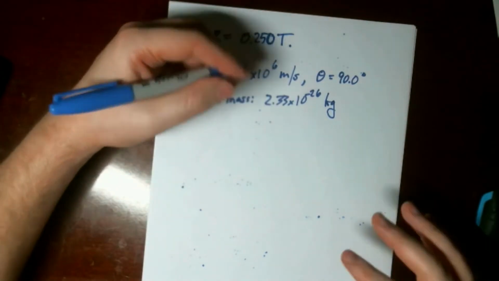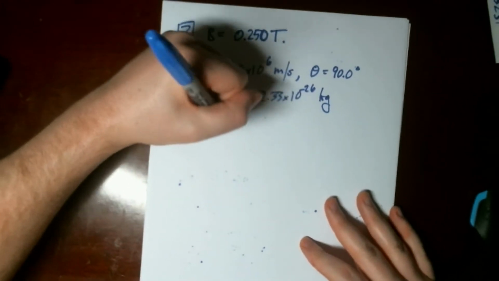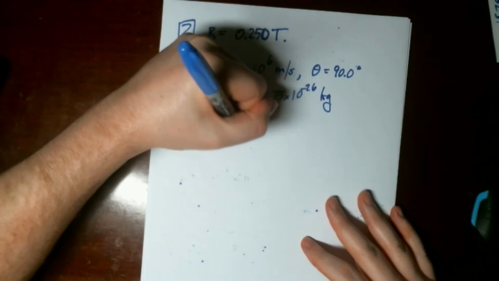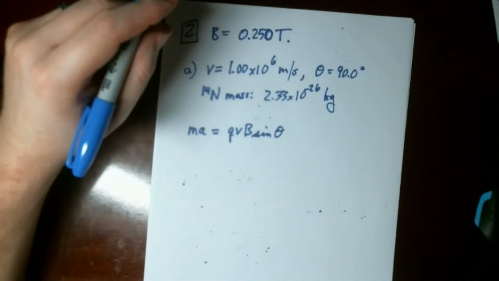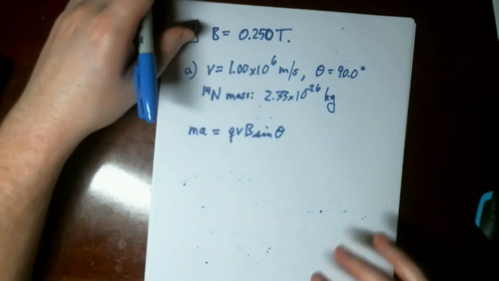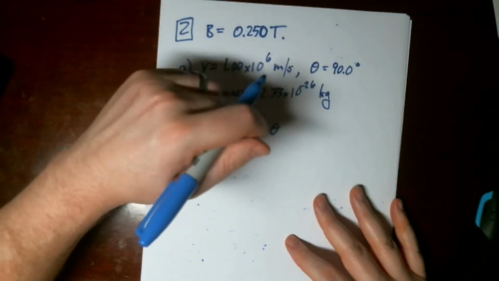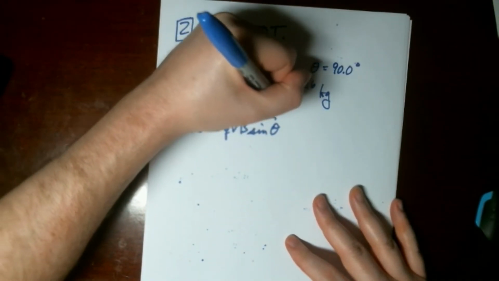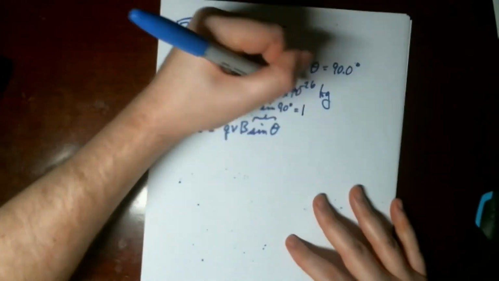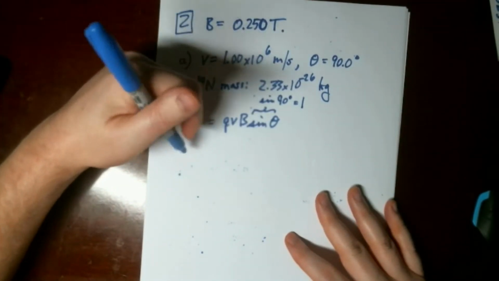So that gives us ma equals QVB sine theta. Now I'm going to make one simplification here. Theta is 90 degrees. Sine theta is 1. So I'm just going to ignore that there. We can do without that.